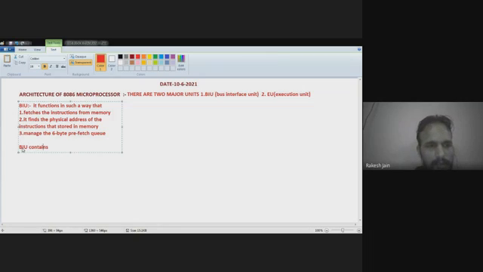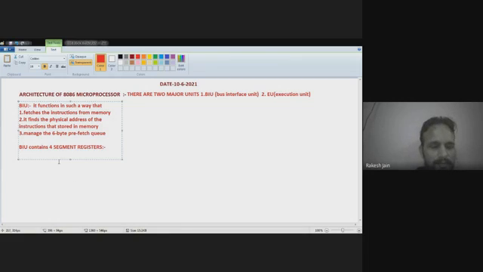They are the code segment register, denoted by CS, the stack segment register, the code segment register, and the data segment register.